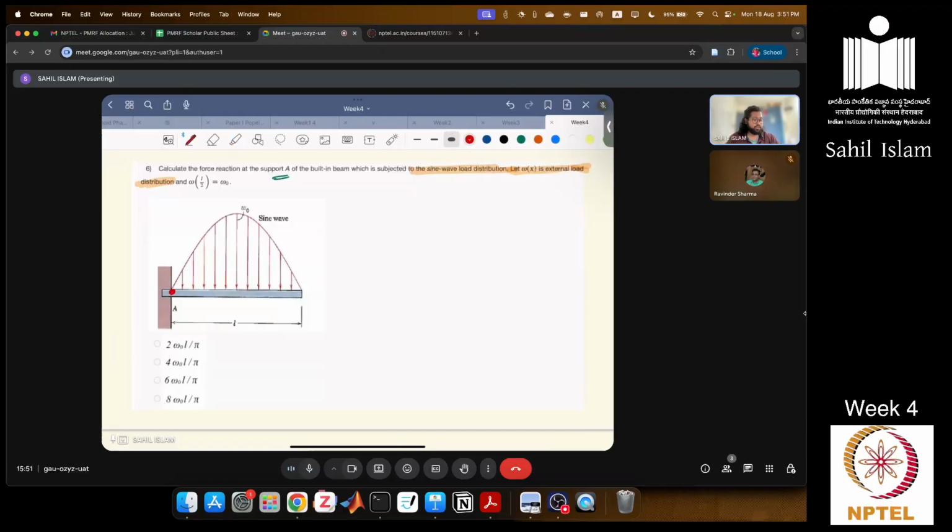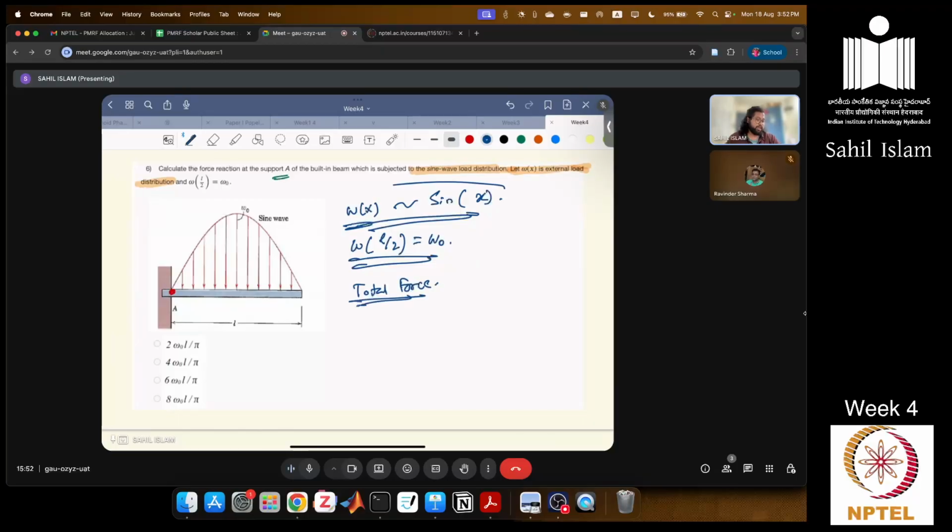So the load distribution has a profile omega x, some kind of sinusoidal in x, and given that omega at L by 2 is omega 0, you have to calculate the reaction. So this is load distribution, means this is the force. Now we have to calculate the total force.